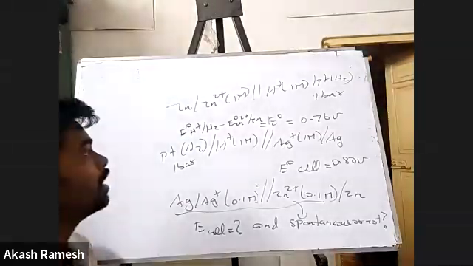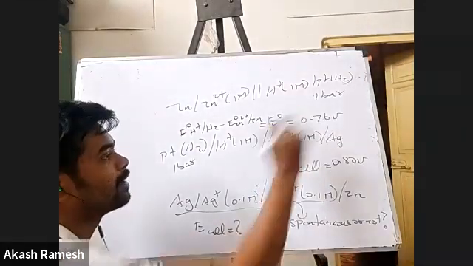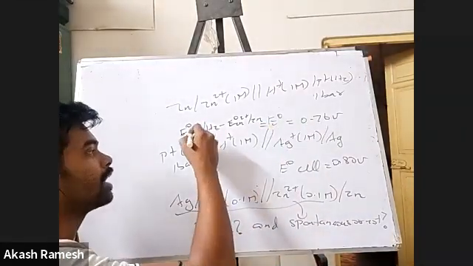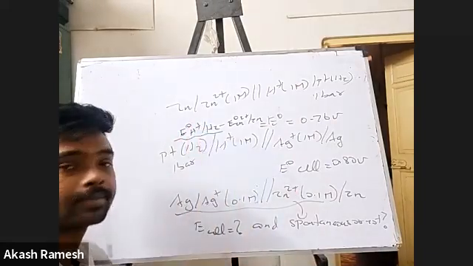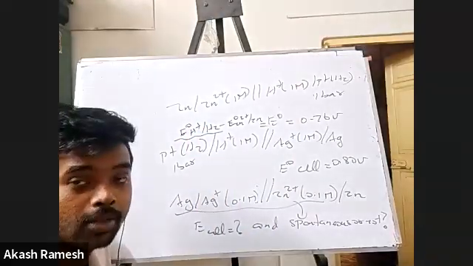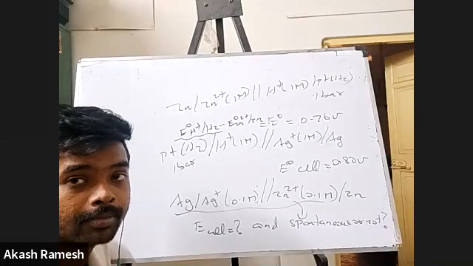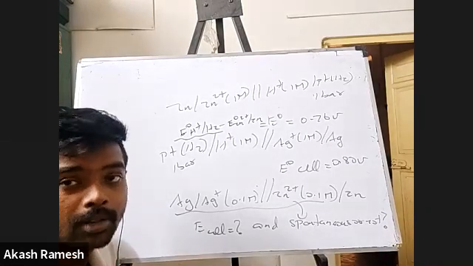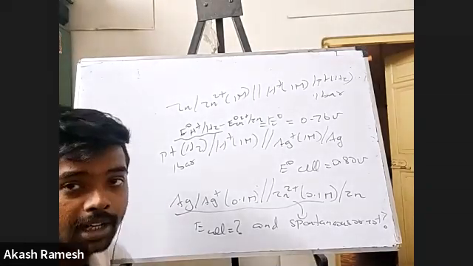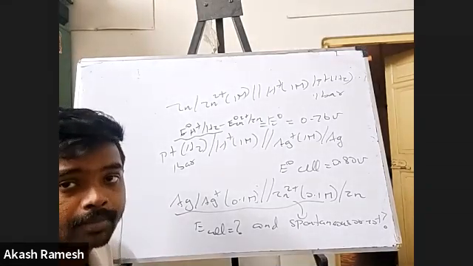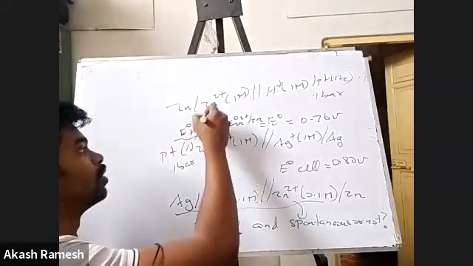Now this value is given to be 0.76, and I already know the value of E naught H plus bar H2, which is 0. That is the standard hydrogen electrode, my reference point. So this value is 0.